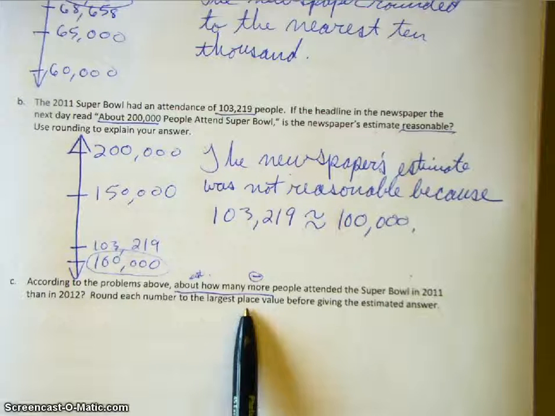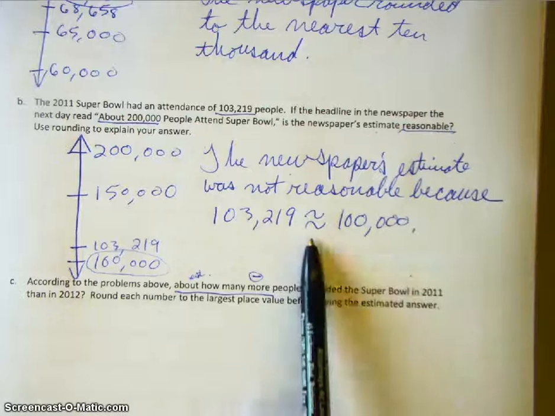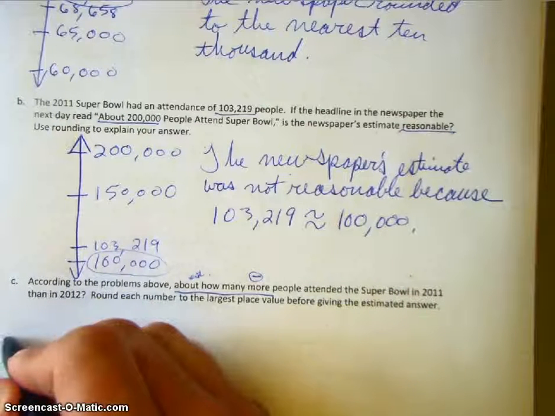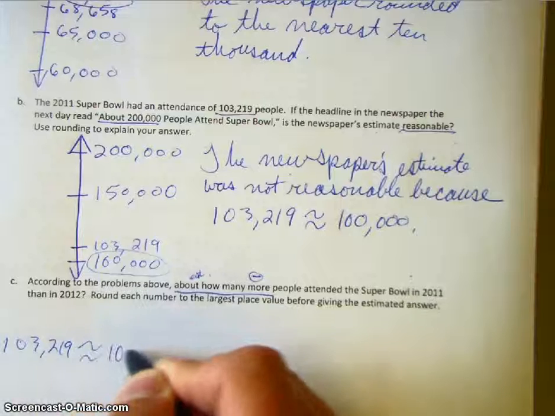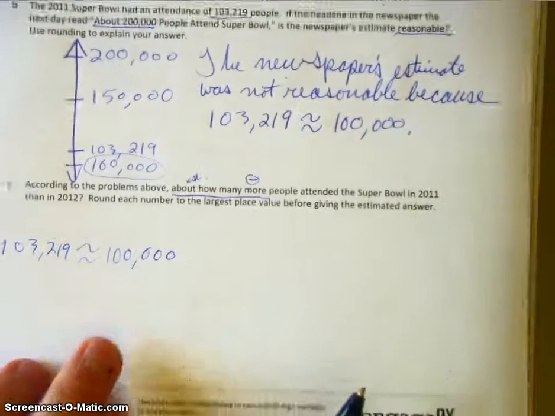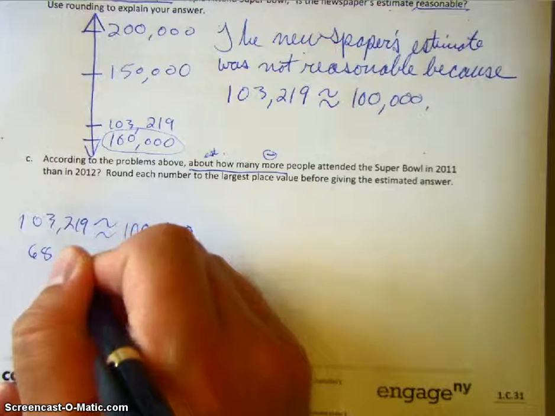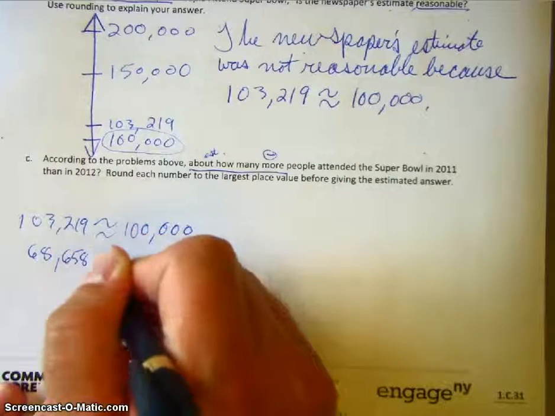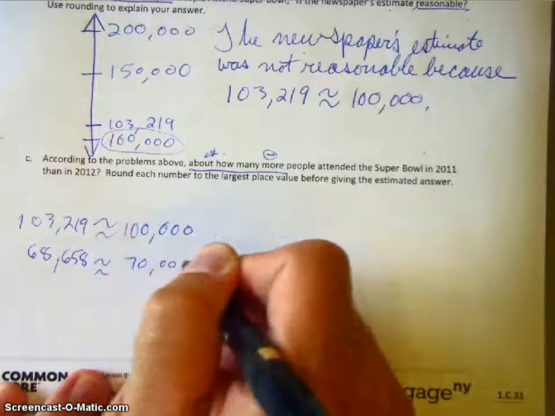Round each number to the largest place value before giving the estimated answer. So for letter B, we rounded 103,219 to the largest place, which in this case was the 100,000s place. For letter A, we had 68,658. The largest place in that number is the 10,000s place, and we rounded that to 70,000.